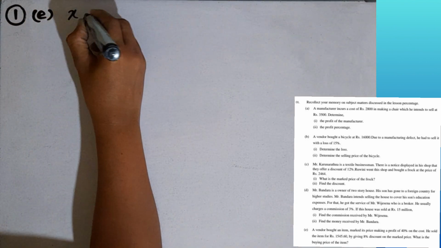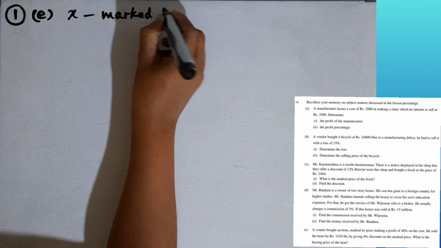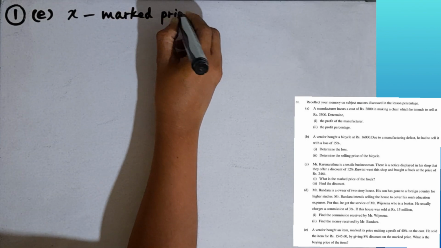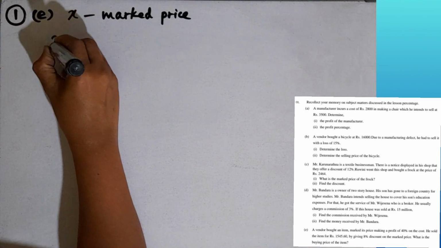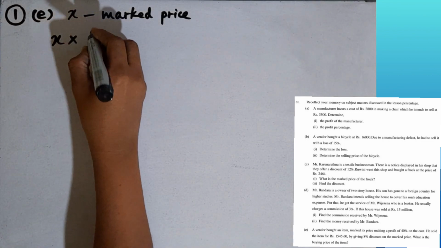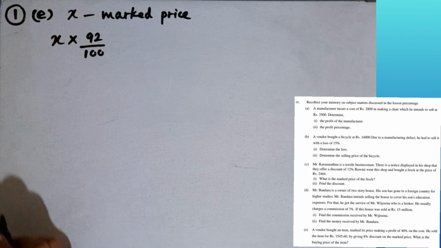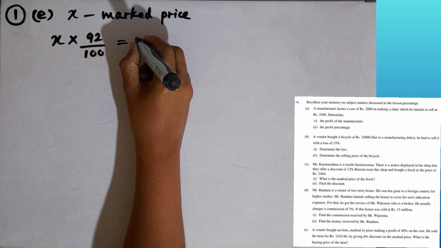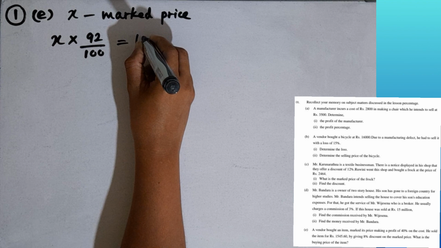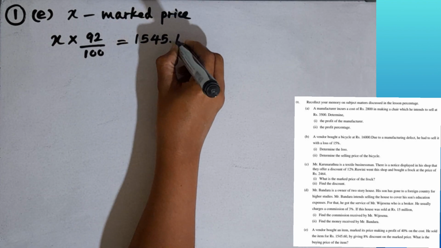Let the marked price of the item be X. Then we can write X multiplying by 92 over 100, as 8% discount is given. This is equal to the selling price, 1,545 rupees 60 cents.